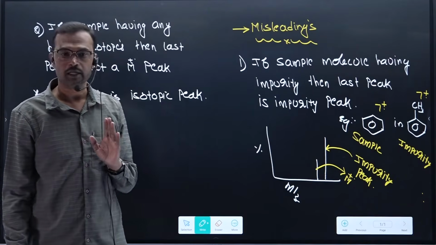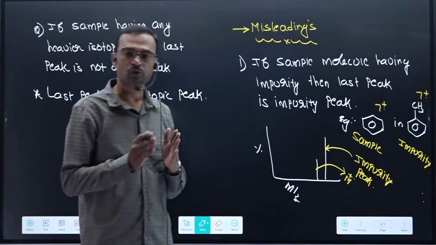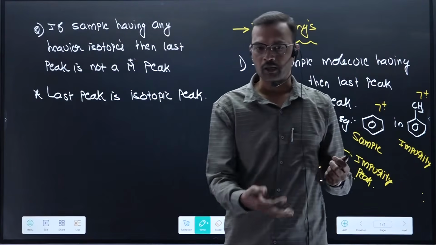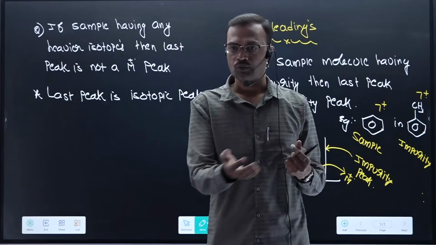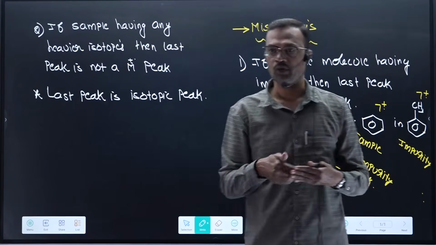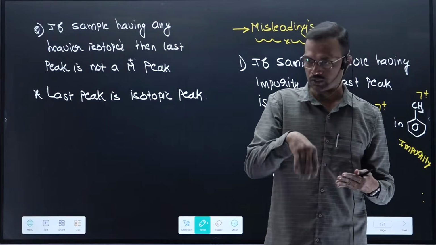Why are we considering the lighter isotope? Why not the heavier isotope? Because the lighter isotope has more abundance in the earth's crust. Suppose you are extracting carbon from anywhere, in most cases C12 will be available, but not C13, because C12 availability is very high compared to C13 in the earth's crust.